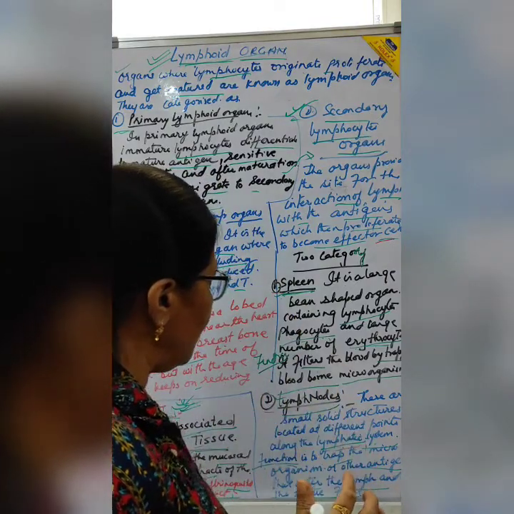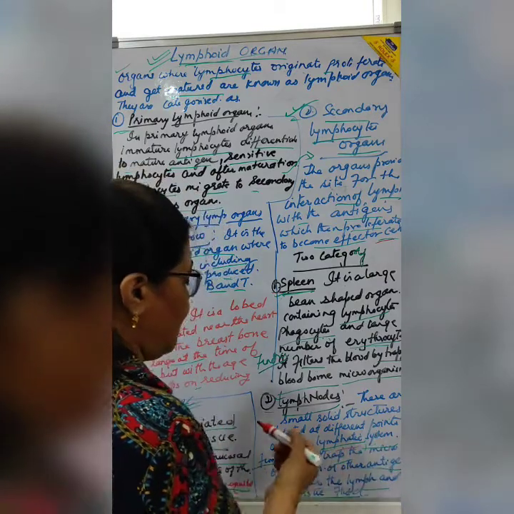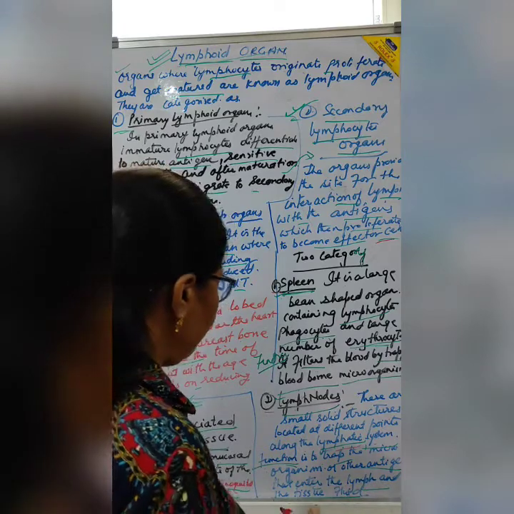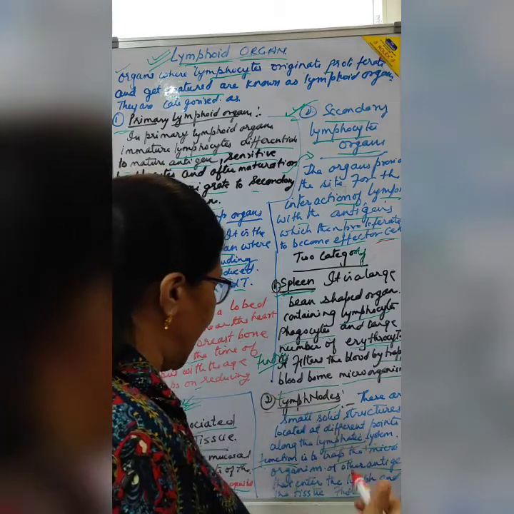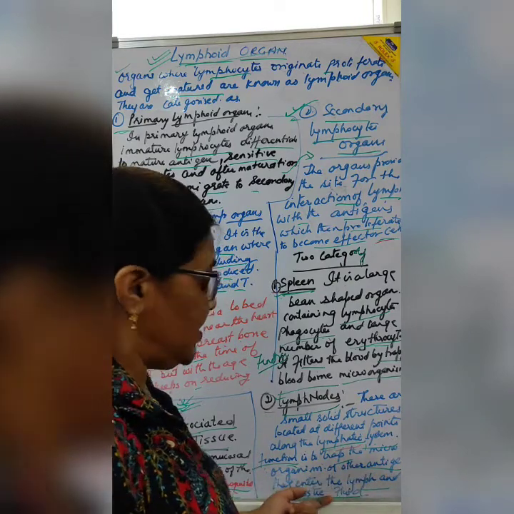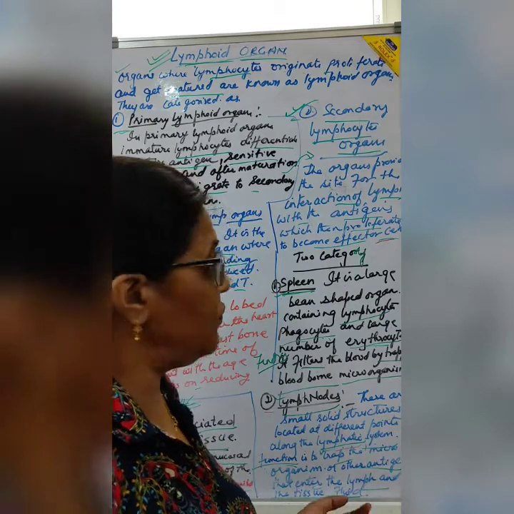Lymph nodes are small solid structures located at different points along the lymphatic system. Their function is to trap microorganisms or other antigens that enter the lymph and tissue fluids.